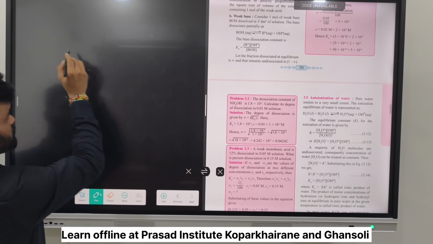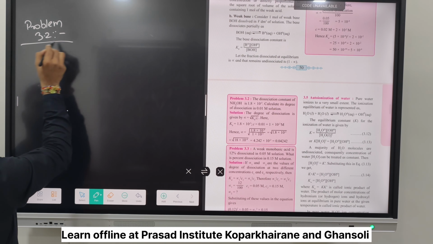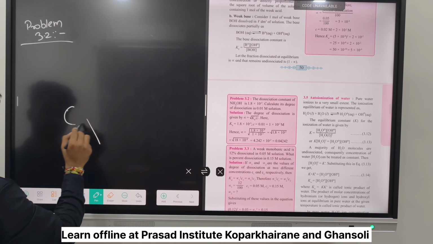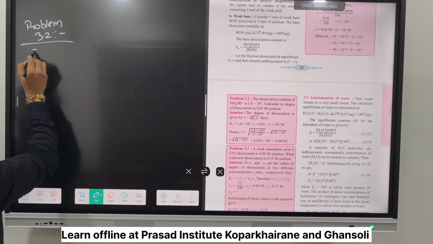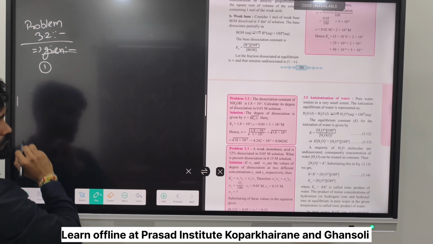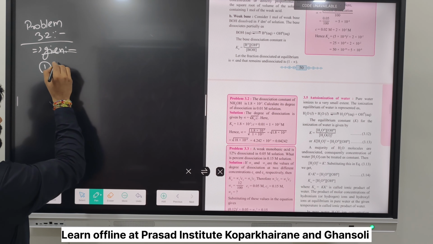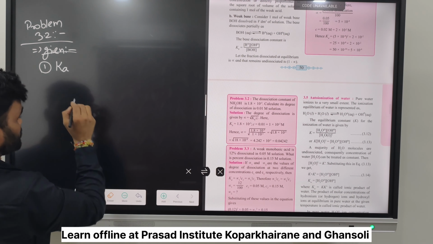Given number 1, the dissociation constant of the base, so let us write Kb.